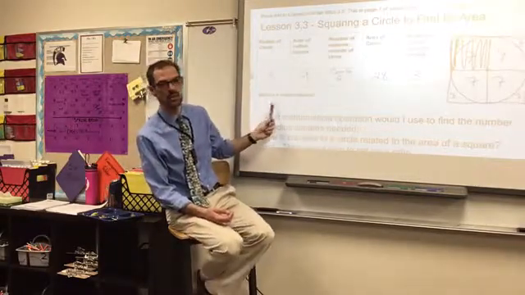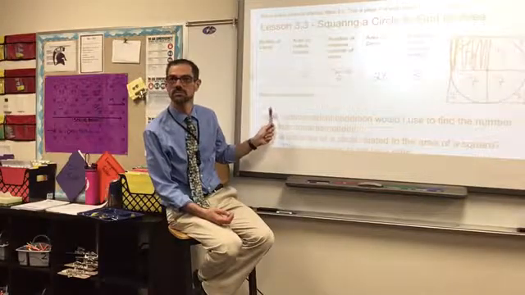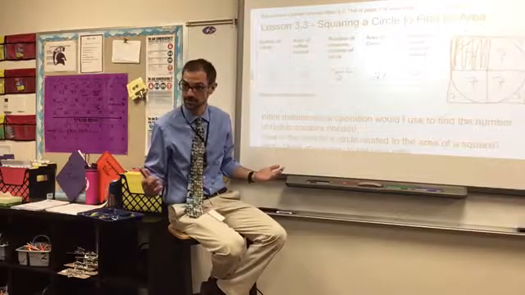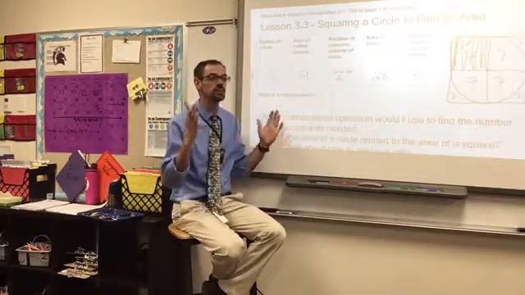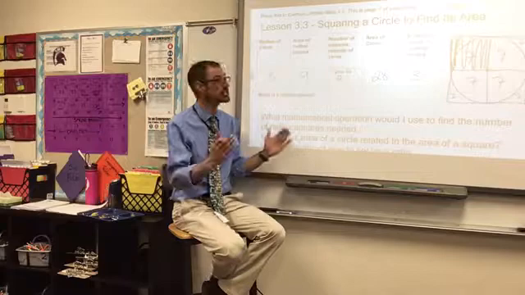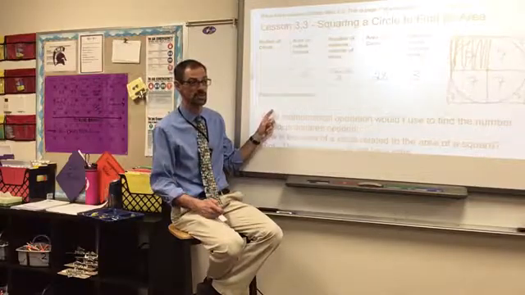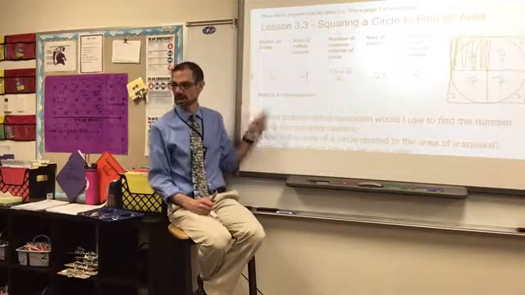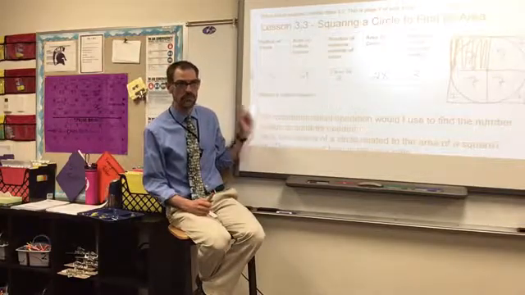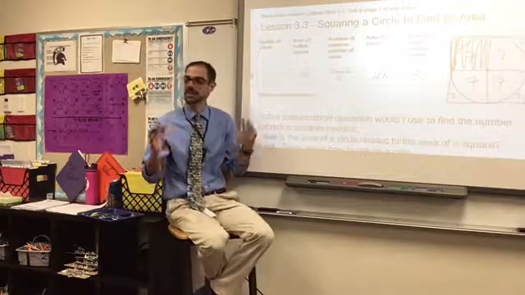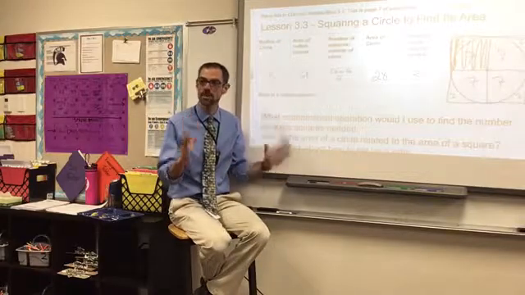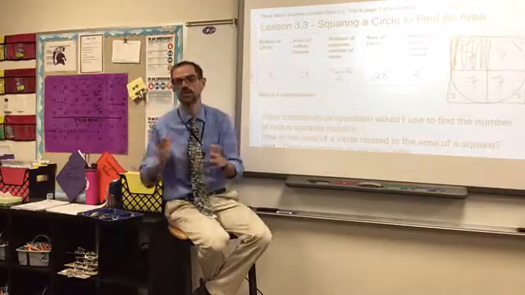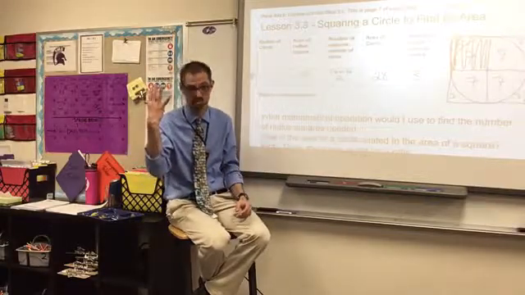So what is a radius square? It's the radius of a circle squared and positioned. I need you to write down your definition here, Lane. What is a radius square? It is the radius of a circle squared and positioned from the midpoint to 1/4 of the circle, because there's 4 quarters in a circle.